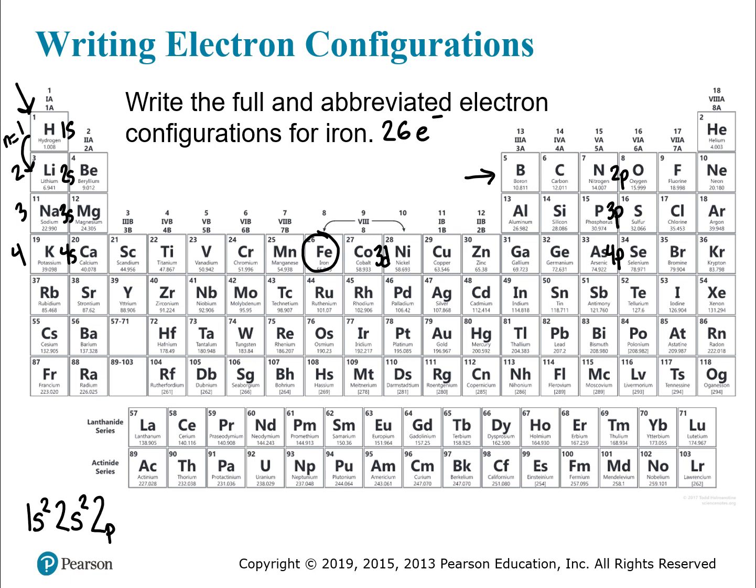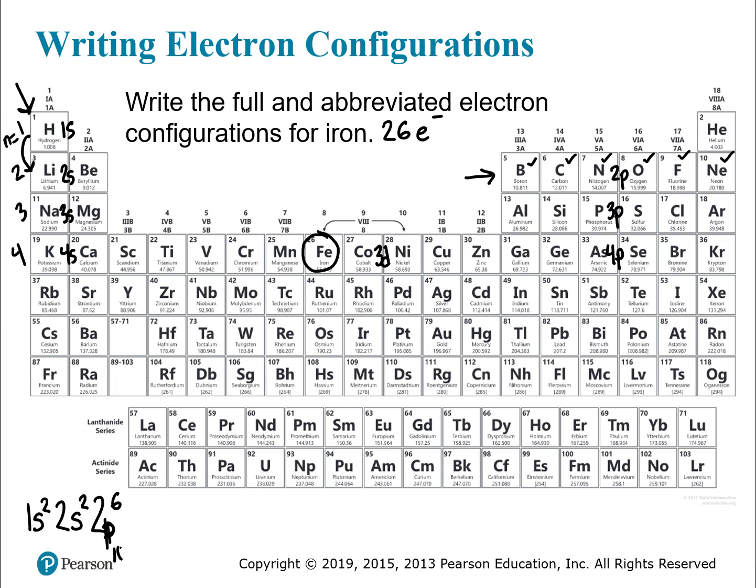How many electrons am I going to place in the 2p? Exactly. I'm going to place 6 electrons because there are 3 p orbitals that can hold 2 electrons each. And if you look at the p block, in each portion there's 1, 2, 3, 4, 5, 6 elements. That means that there's space for 6 electrons.